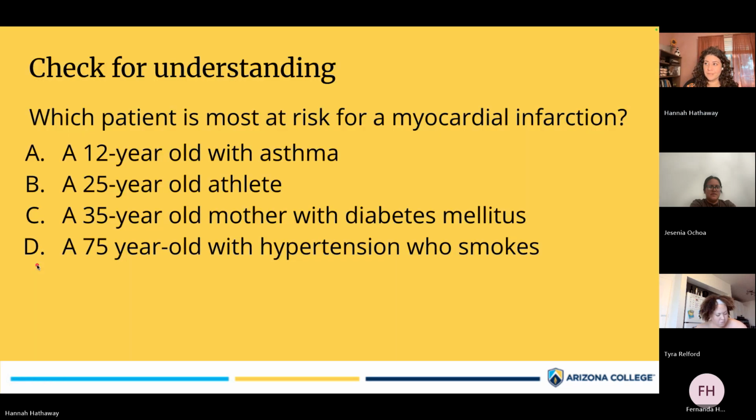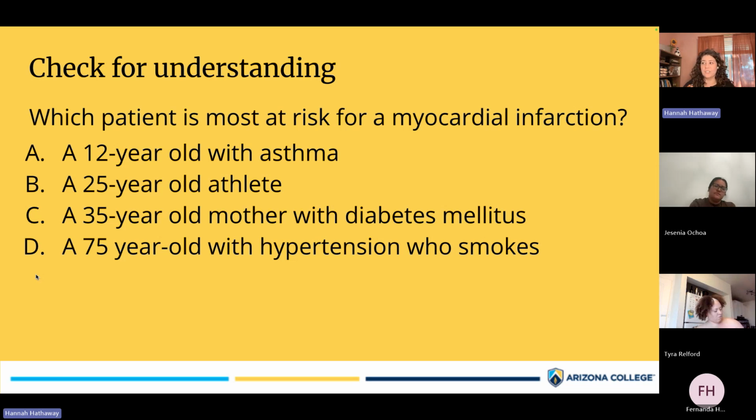Okay, let's do a check for understanding question then. Which patient is most at risk for a myocardial infarction? I just said anything that increases the risk of atherosclerosis is going to increase the risk of myocardial infarction.